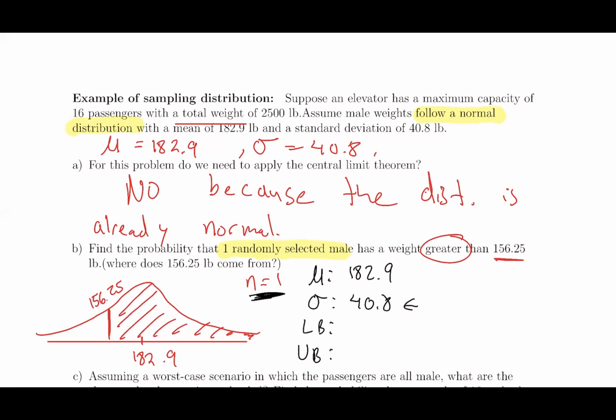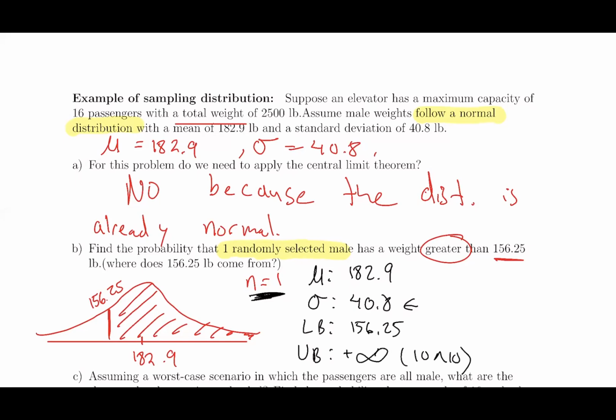Cool, thanks, Victor. So 156.25. And then my upper bound will be the upper value, so positive infinity. Thank you, Victor. So we'll say positive infinity. So you say 10 to the 10 power.